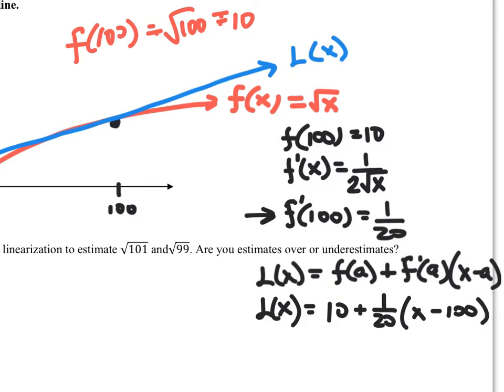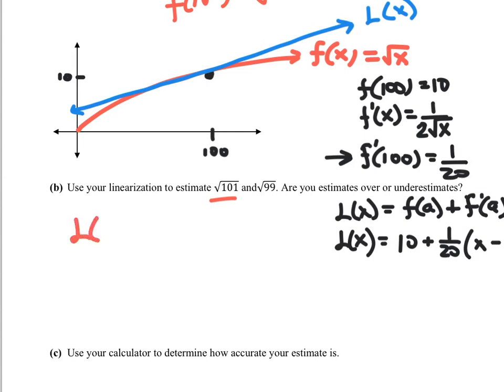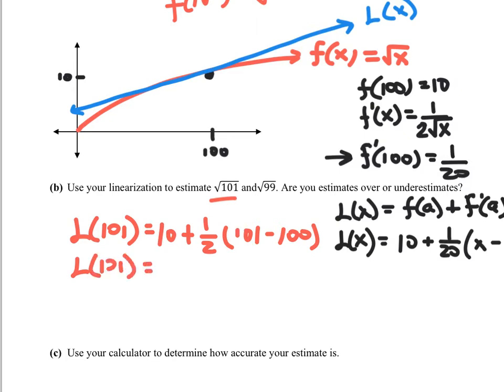So if I want an approximation of the square root of 101, I'd take 10 plus 1/20 times 101 minus 100, and I believe that comes out to be 10.05.